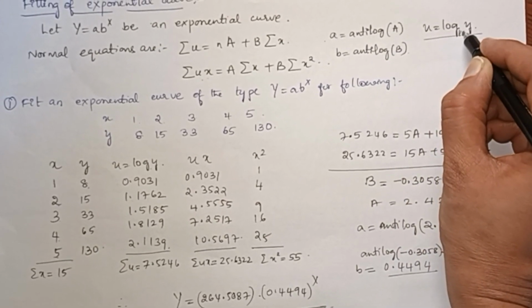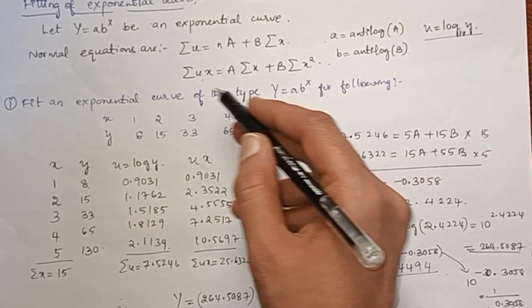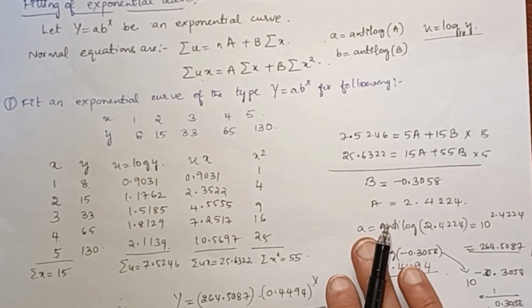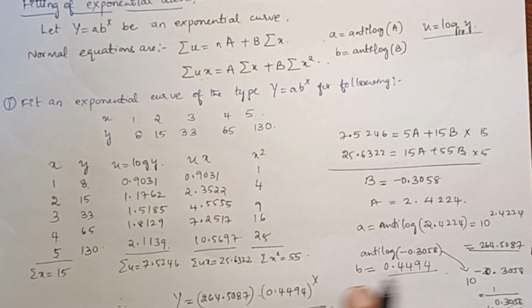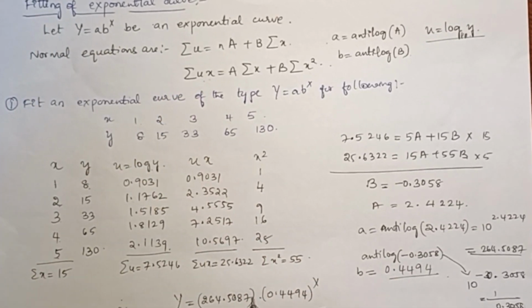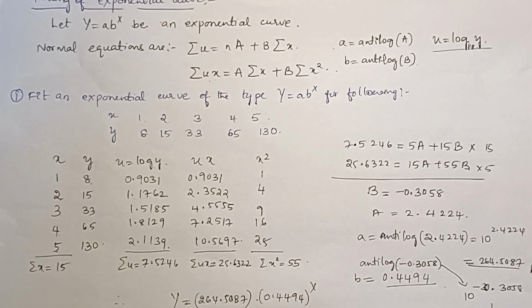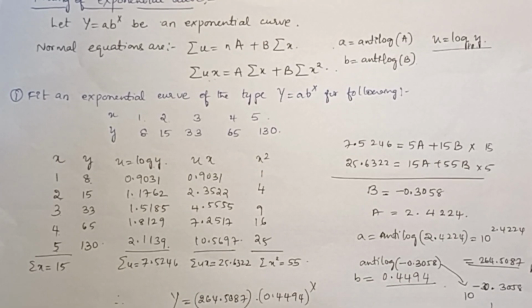Then as per the terms, substitute in the normal equations, you will get the values of the constants a and b. Substitute back into the standard form of the exponential curve, you will get the best exponential fit for the given data. I hope you understood the concept of fitting of curves.